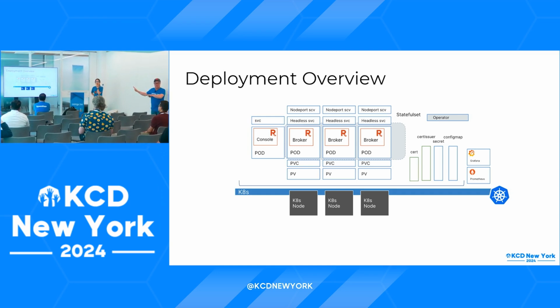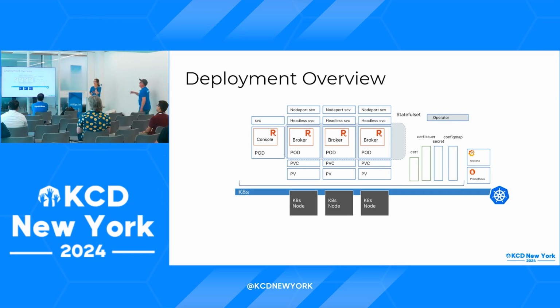The architecture is pretty straightforward. Why do you need the headless service? We'll talk about that in a second when we talk about how the protocol works, but it makes it simpler. It also gives a naming convention that's consistent across all the services. Stateful set services, is everybody familiar with them?